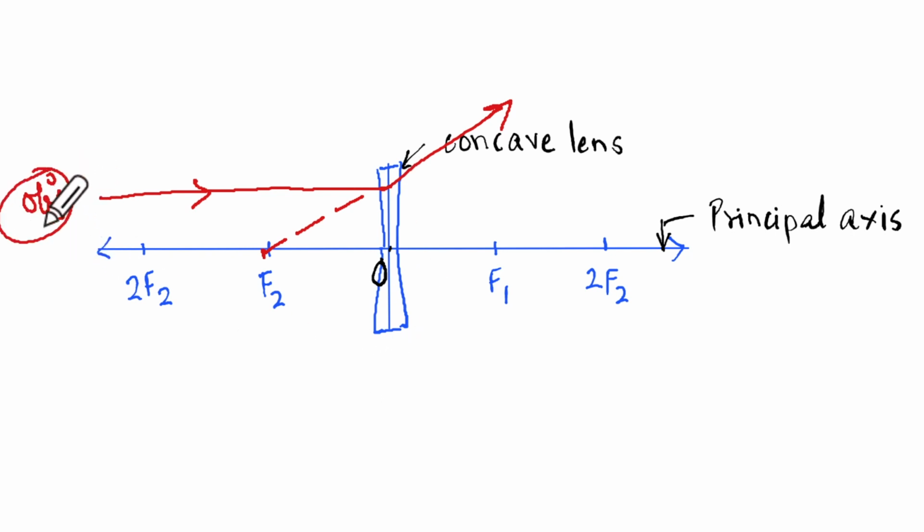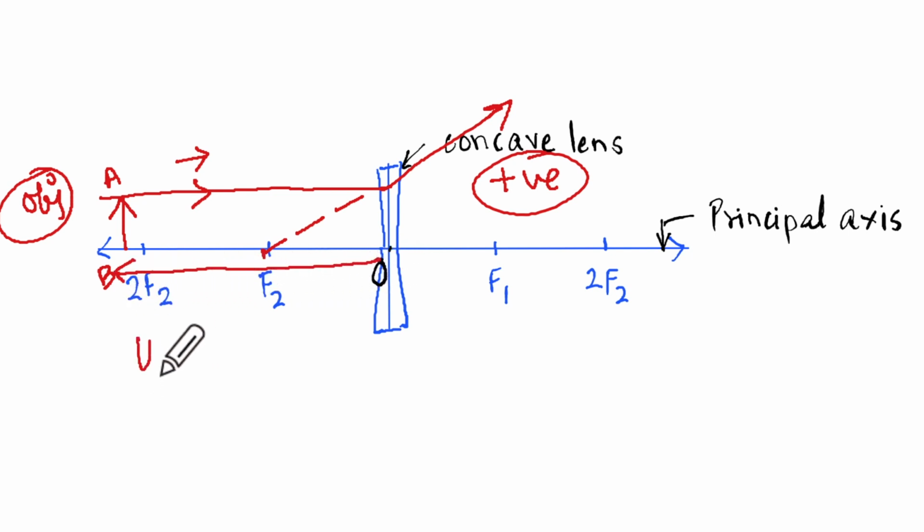Now the object is this side. The direction this way is positive. That means this side will be positive distance, and the object distance is measured from here. If this is your AB, which is the object, then we will measure the object distance from here this way. So the object distance will be negative, and the focal length, from O we will measure, becomes negative. So the focal length is negative.